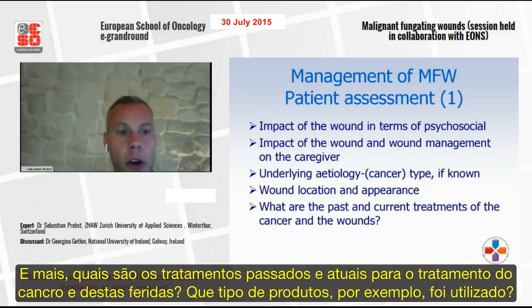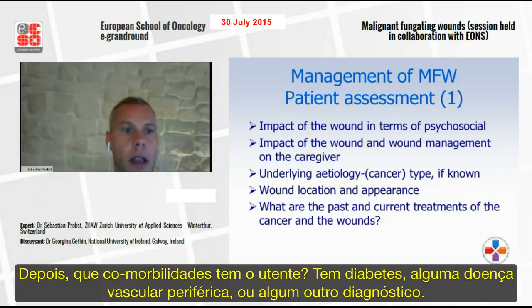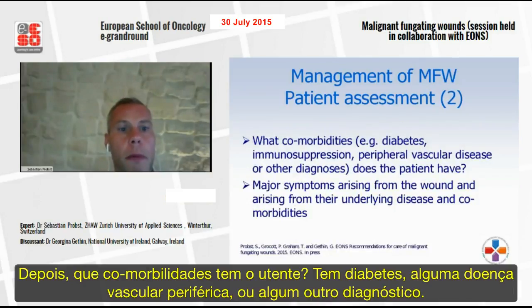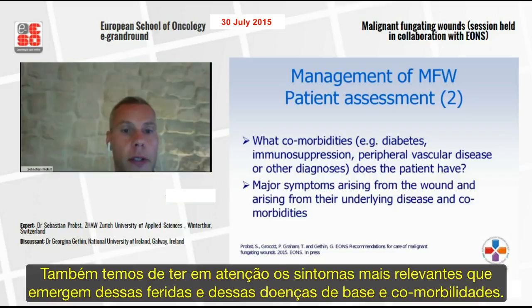Further, what are the past and current treatments of the cancer and of these wounds? What kind of products, for example, were used? Then, what comorbidities does the patient have? Does he have diabetes? Does he have any peripheral vascular disease or other diagnoses? Then we have to be aware of the major symptoms arising from these wounds and from their underlying diseases and comorbidities.